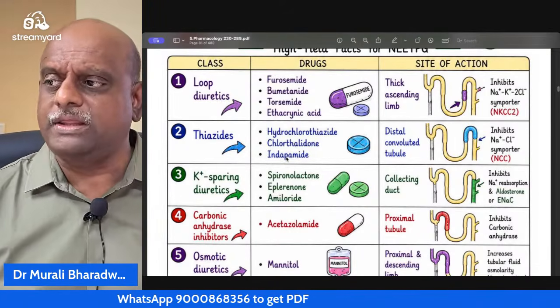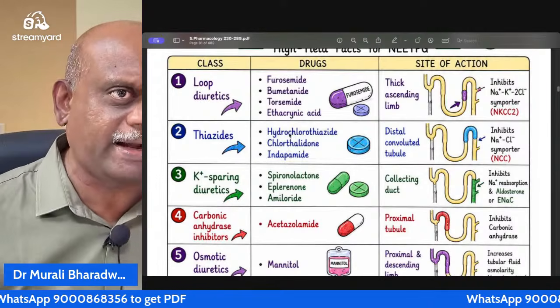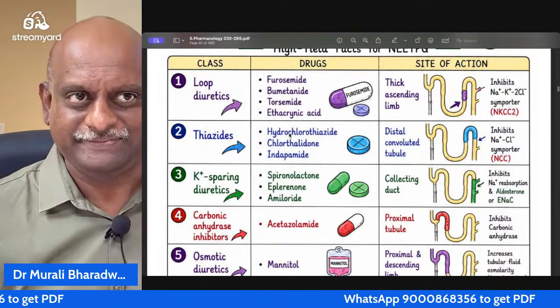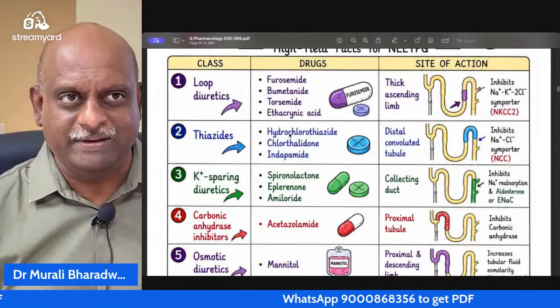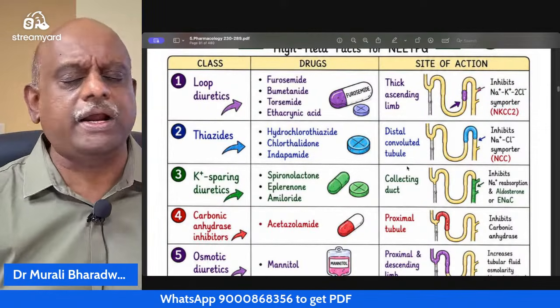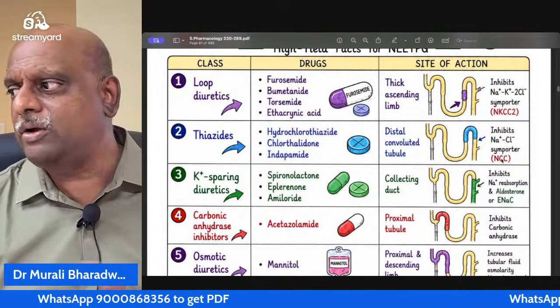Thiazides: hydrochlorothiazide, chlorthalidone, indapamide, which we often use in clinical practice every day. Telma H, H is hydrochlorothiazide, 12.5 milligrams, 25 milligrams. It acts on the distal convoluted tubule, where you have the sodium chloride symporter.